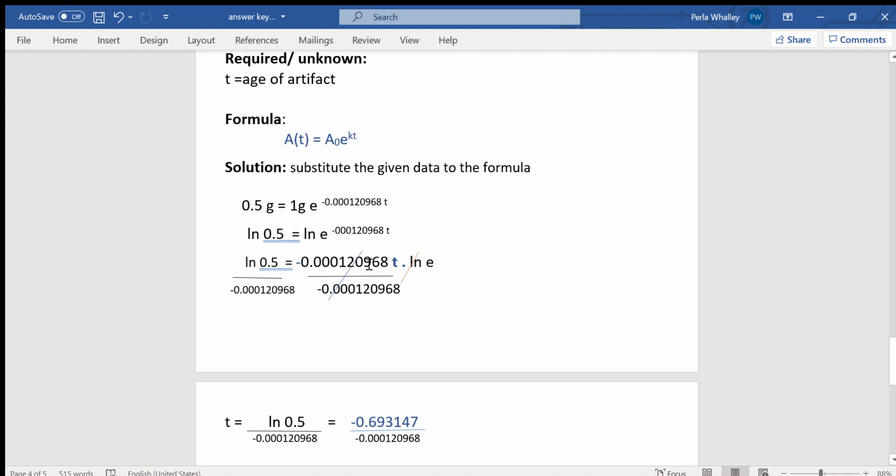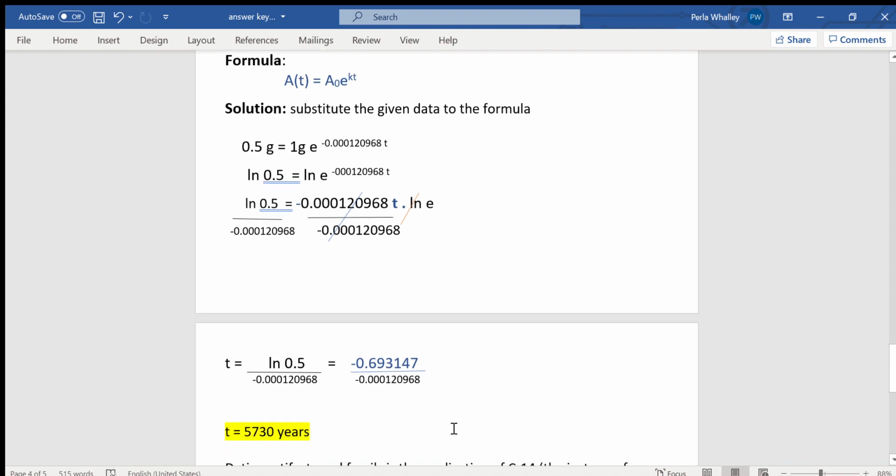In this case, this is the decay rate. So divide both sides of the equation. So ln 0.5 divided by the decay rate, and t times the decay rate divided by this value. So it is canceled out. What is left is t equal to ln 0.5 divided by negative 0.000120968. Negative and negative, that means the answer is positive.